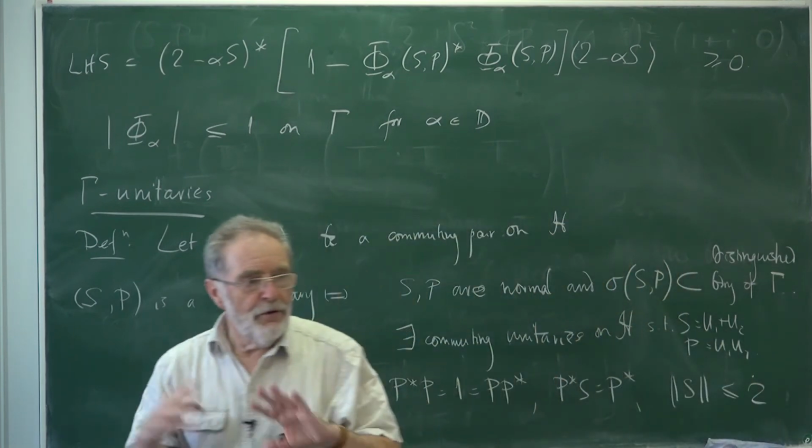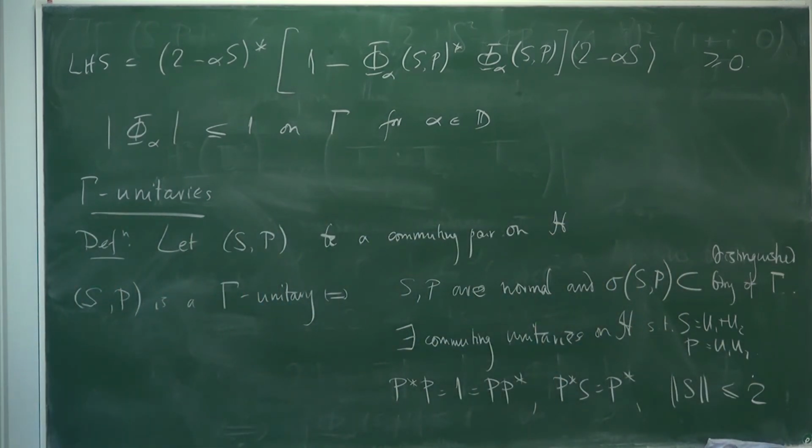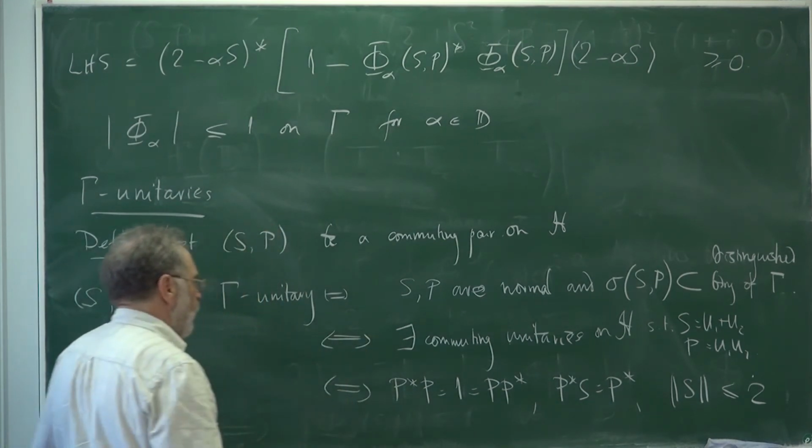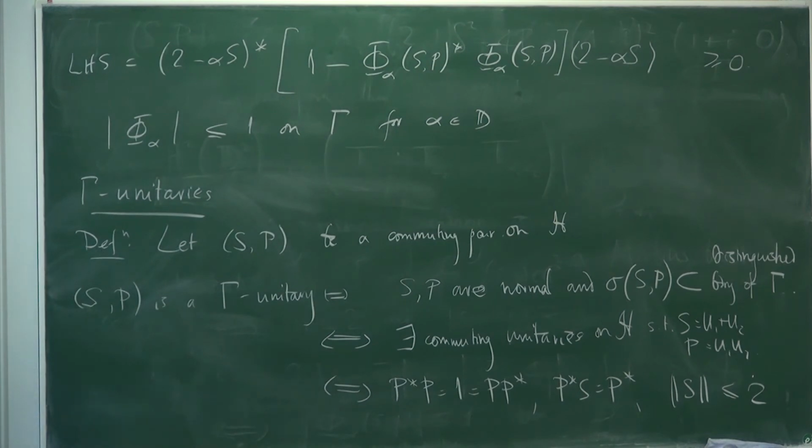So those are three possible definitions you might give of what you mean by gamma unitary. And fortunately, they're all the same. So that reinforces the belief that this is a good definition.